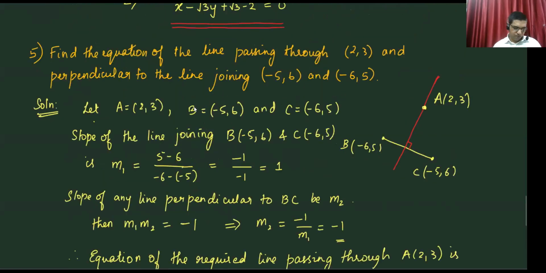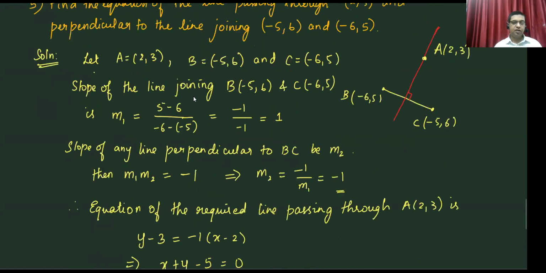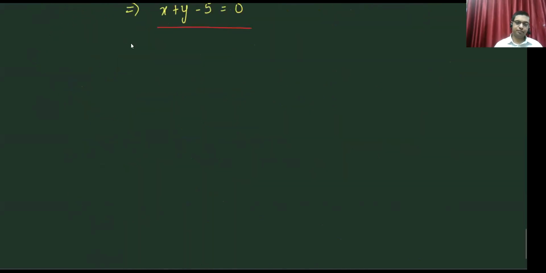Now we have done point slope form, 2 problems. Slope intercept form we did, 2-point form. Now we have to do double intercept form.